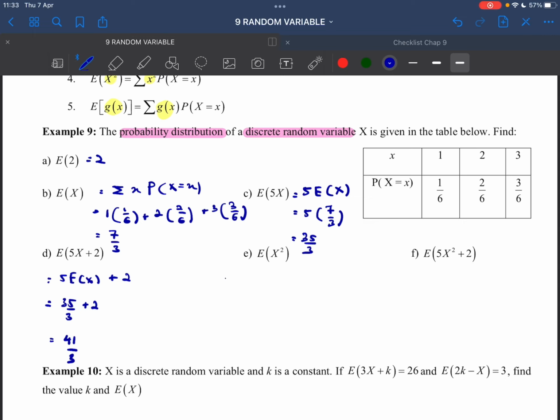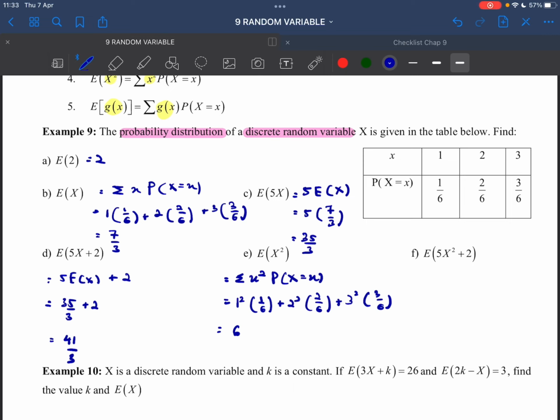Now we have E(X squared). We know that E(X squared) is the summation of X squared times P(X equals x). So instead of X, you have to square this X. That means 1 squared times 1 over 6, plus 2 squared times 2 over 6, plus 3 squared times 3 over 6, and we get the answer 6.